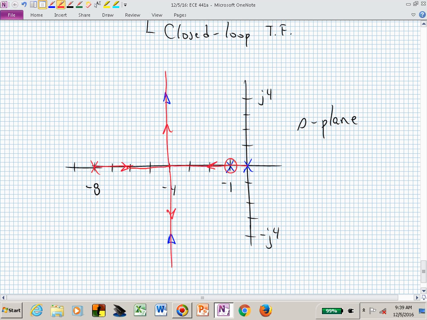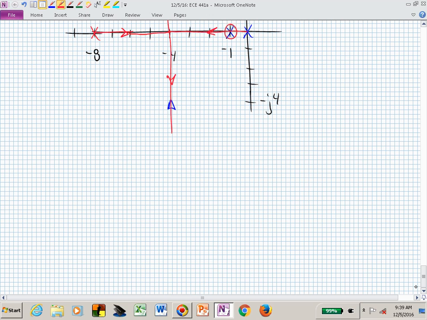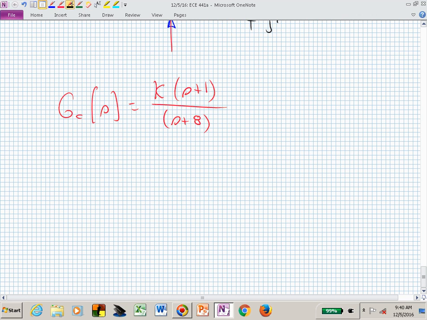What do we need to do to get to the triangles? We picked up part of our controller. What's left is K. And how do we find K?